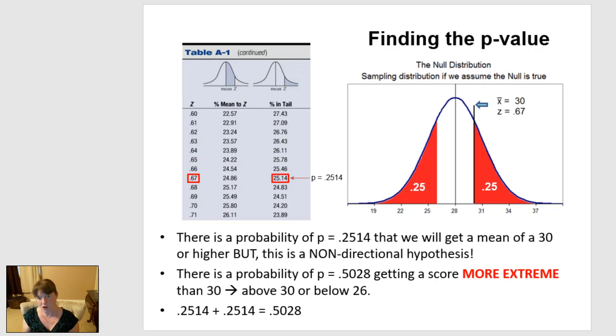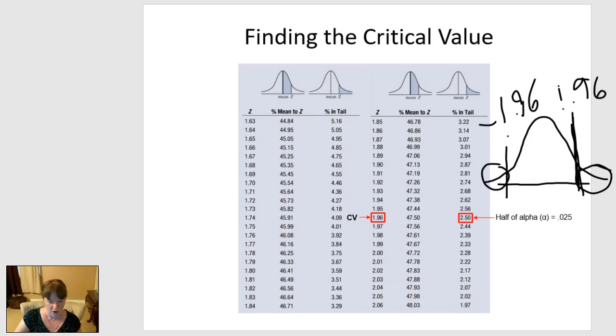Now, you are never going to be required to use this table to find p-values, because once we move away from z-statistics, we won't be able to use a table to find p-values. But I just wanted to show you that at least for the z-statistic, you could use table A1 to do it. You could. We are not going to do that. Rather, we are going to look up critical values. So make sure you understand how I arrived at these critical values of plus and minus 1.96.